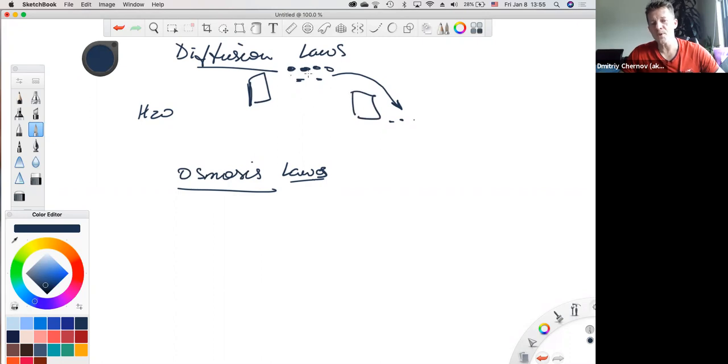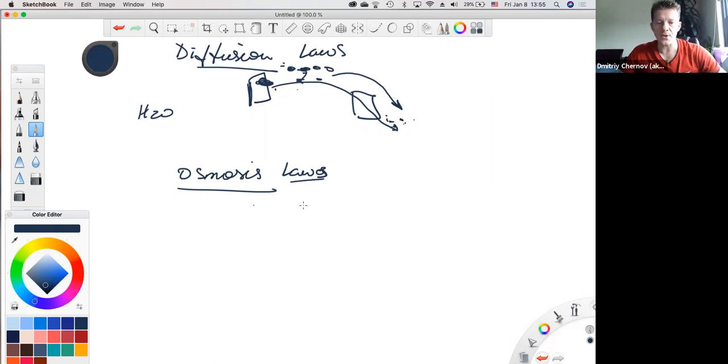So it's a free movement of water from higher concentration gradient to lower concentration gradient. You can think of that as a room full of water and another room that is empty. So the water will definitely go from higher concentration to lower concentration.